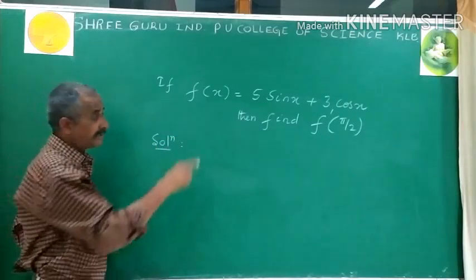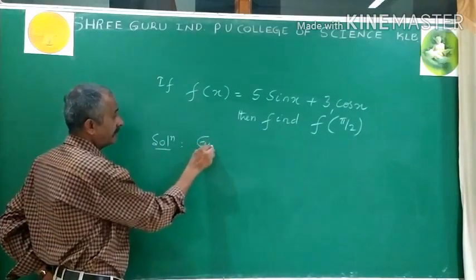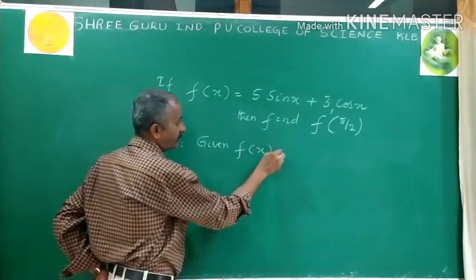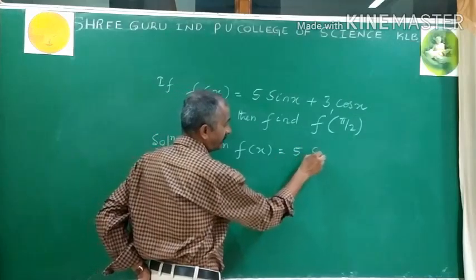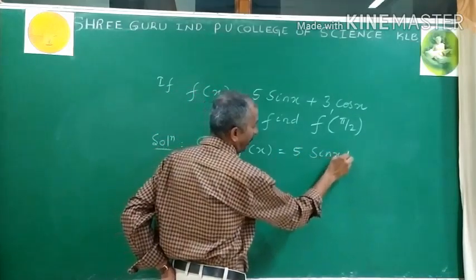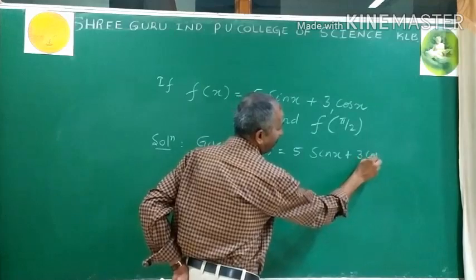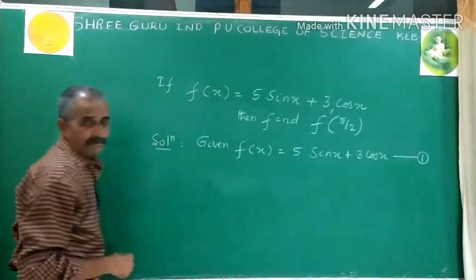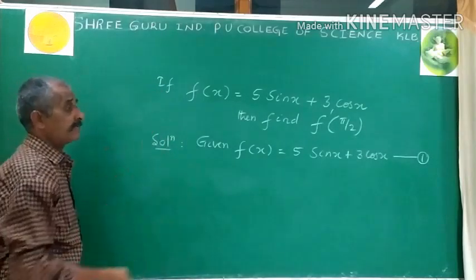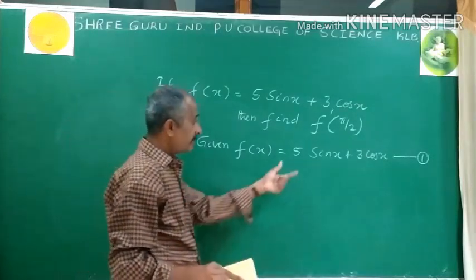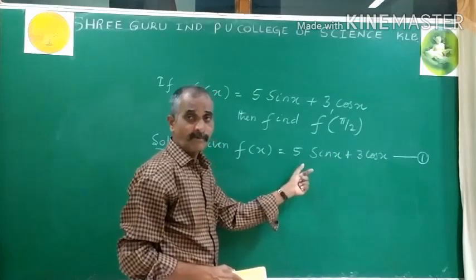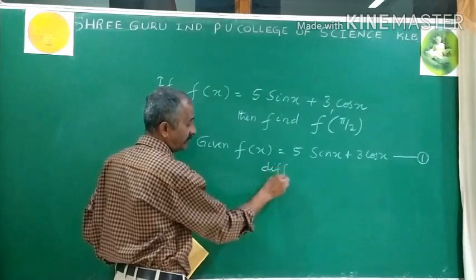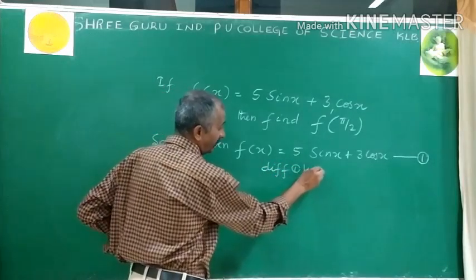First, consider the given function. The given function is f of x equals 5 sin x plus 3 cos x. You may call this 1 if you want. Further, we shall differentiate this function, especially the right hand side, using the sum rule, because there is a sum of two functions. So let's differentiate 1 with respect to x.